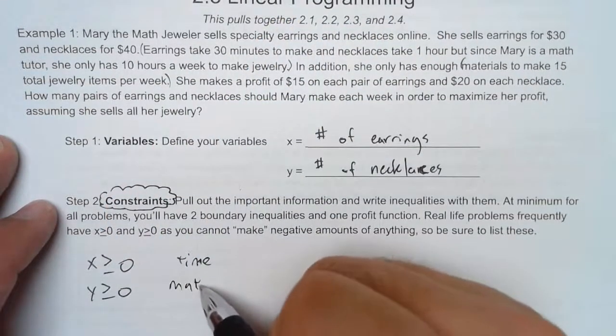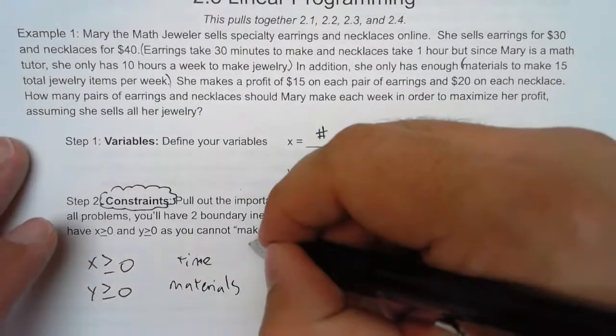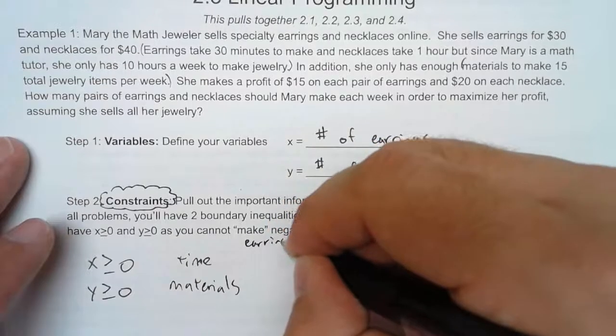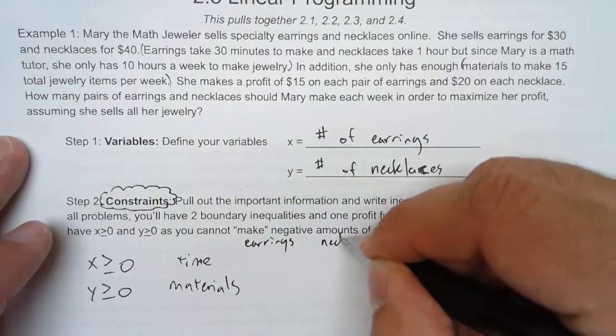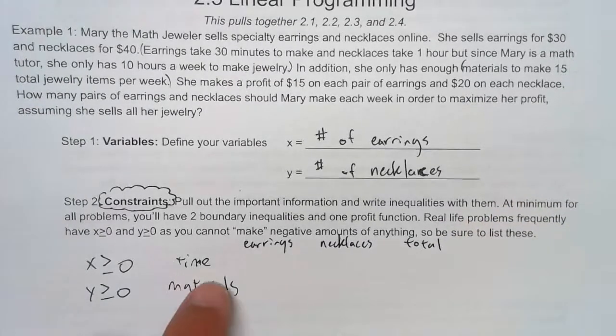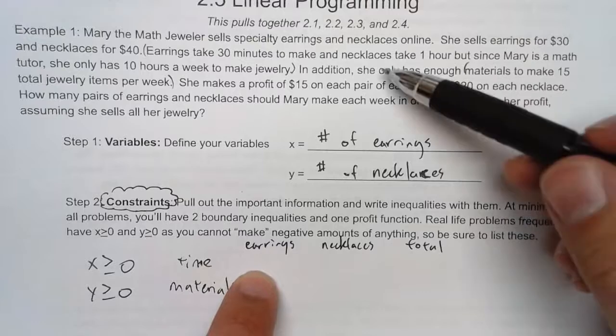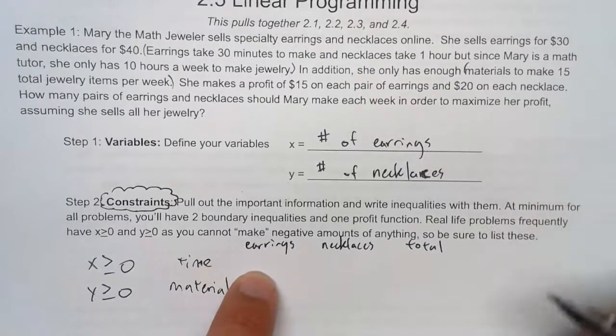So time and materials. Okay, so when we're doing time, we're going to have something for the earrings, something for the necklaces, and then a total amount that we're dealing with. For time for our earrings, we know it takes 30 minutes to make, and the necklaces take an hour, so let's make sure we have it in one total unit.